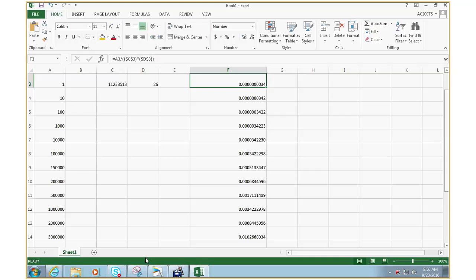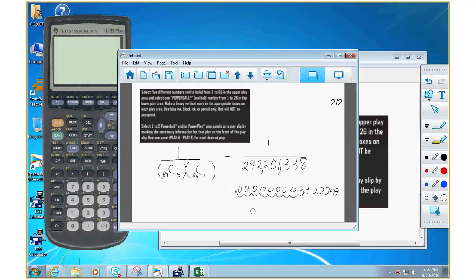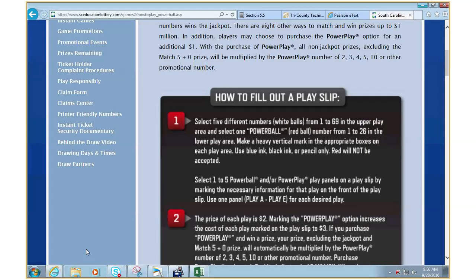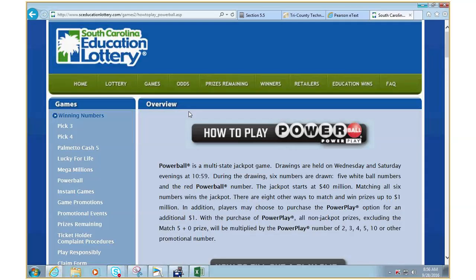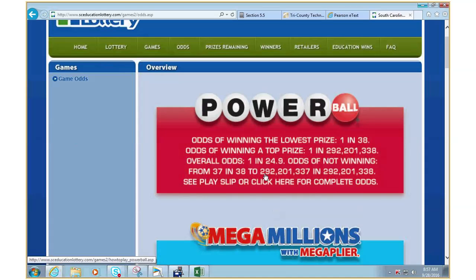Now, let's see how we did. You got the probability right here. So let's see how we did. Go to our handy dandy odds. Oh my gosh, look at there. 292,201,337.